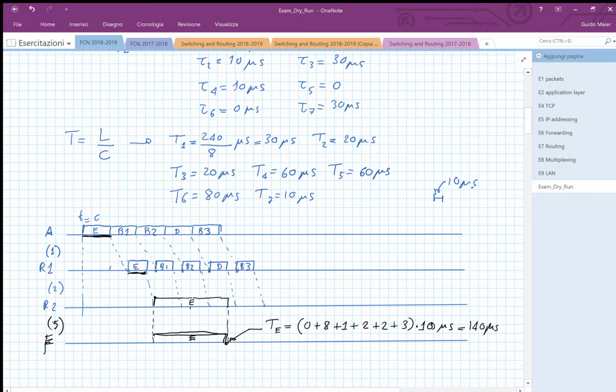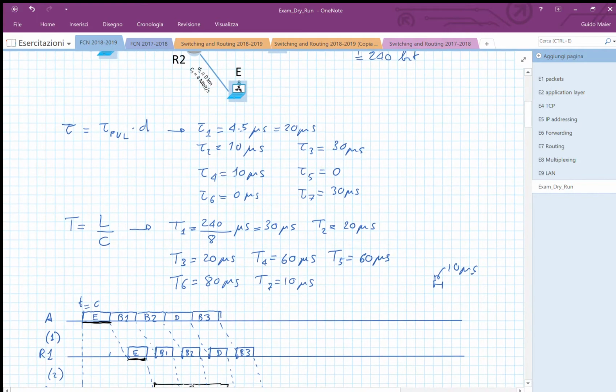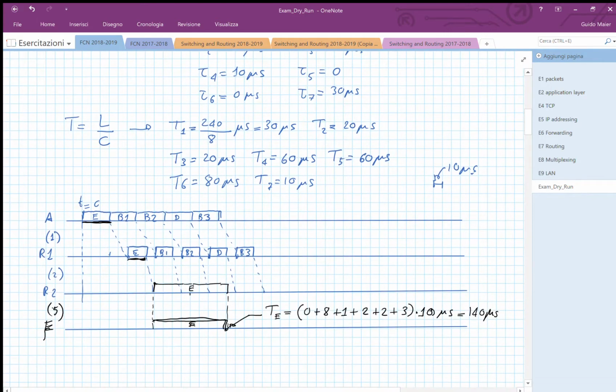So now we have to go to the other packets. We can immediately write what happens to the packet that is going to D, because it takes another output port, so it's not influenced by the other packets. I can, for instance, use the red.